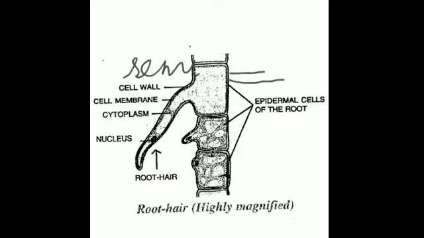Exactly, it is semi-permeable, and it allows water molecules to pass through but not the other larger molecules. So from here they will be through the cell wall. What will happen? Water molecules and mineral molecules, everything will be there, and they will enter through the cell wall.